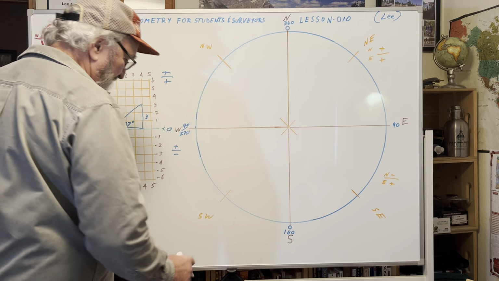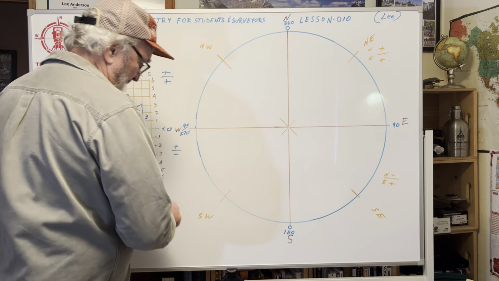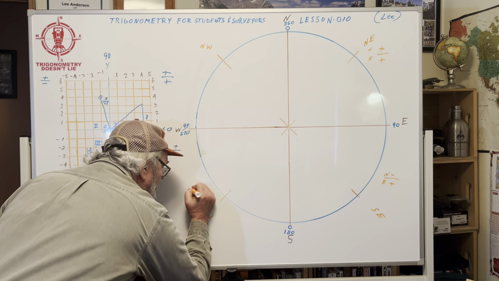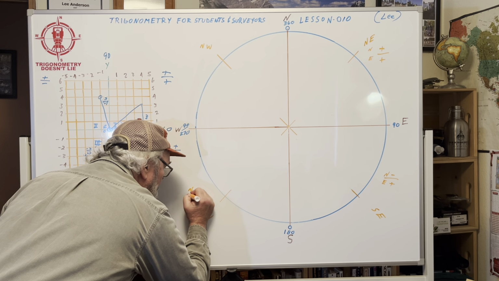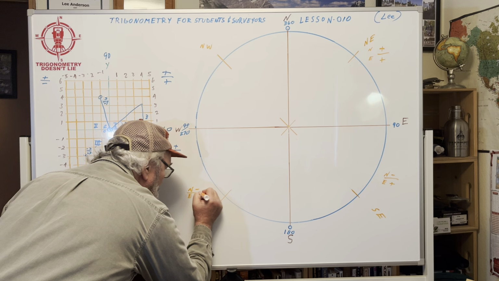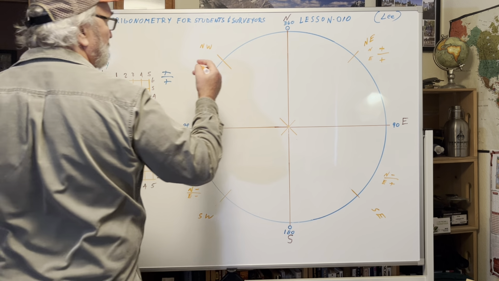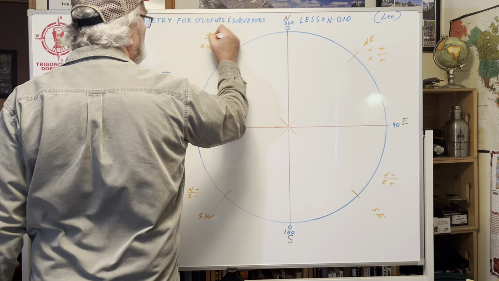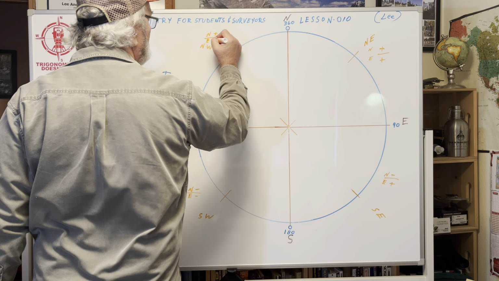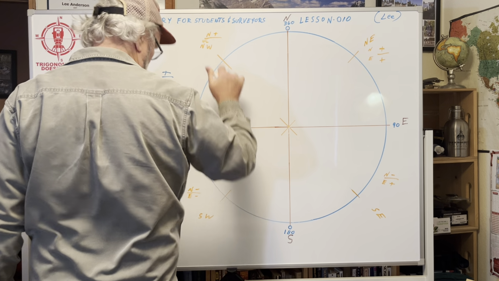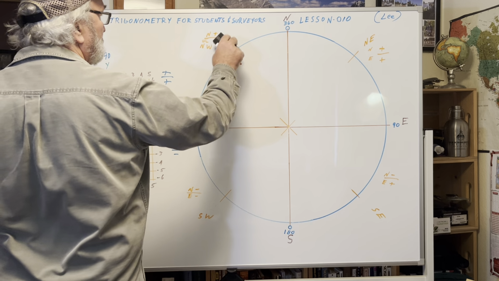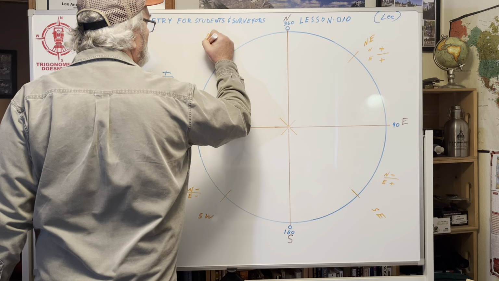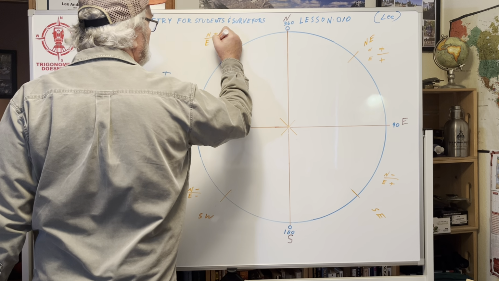And over here your southwest, your northing is a negative, and your easting is a negative, and northwest, your northing is a positive, and your easting is a negative.